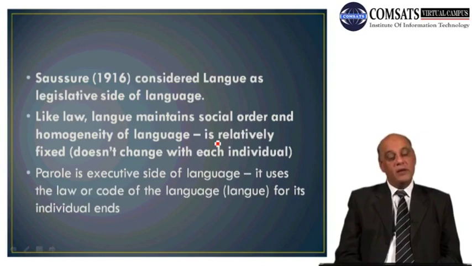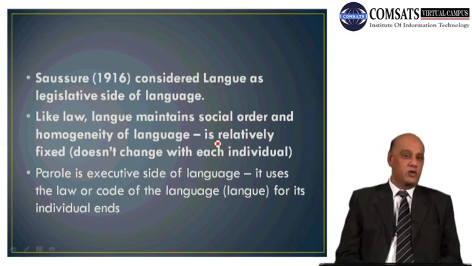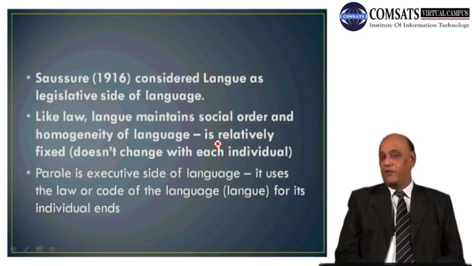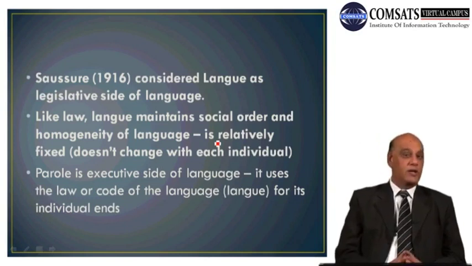On the other side, parole, he says, is the executive side of the language. It uses the law or code of language for its individual ends. So executive, execute. The law is executed. Langue is executed to make parole. Law is used in the fixed conventions. Law doesn't change.